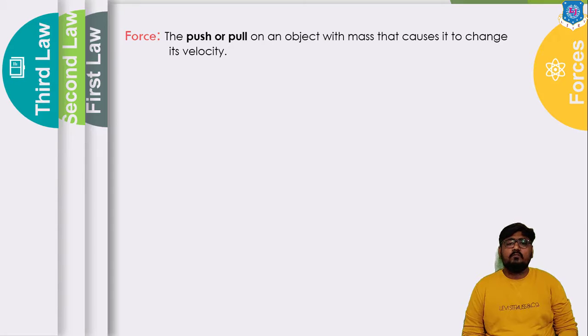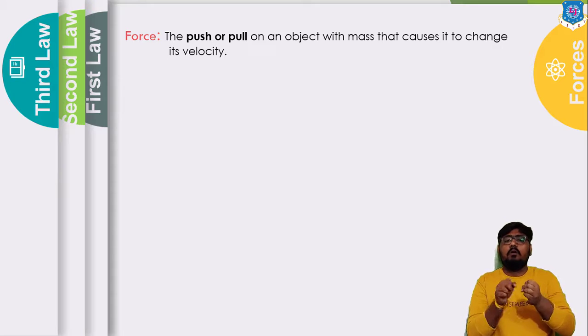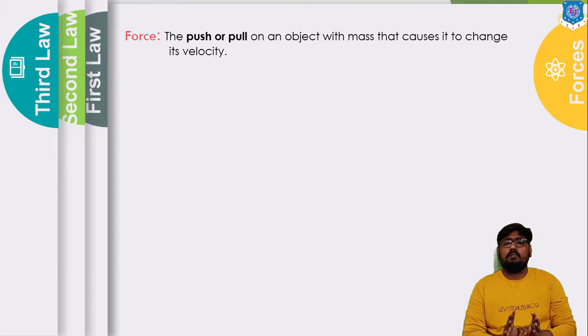So what is force? It is nothing but a push or pull on an object with mass. The object must have a certain mass, so that it causes a change in its velocity. If a ball is standing idle, as of now its velocity is 0. Now what happens when a footballer kicks the ball?